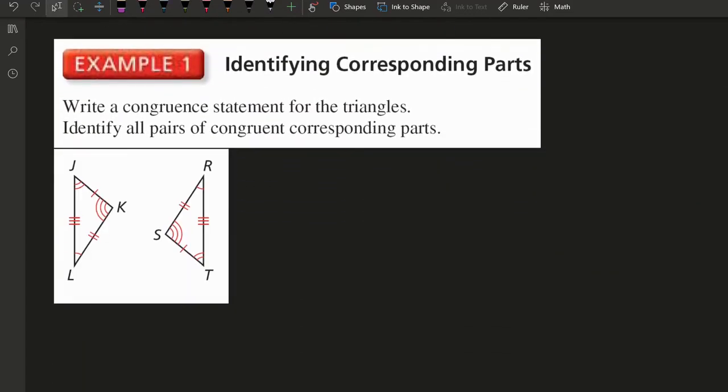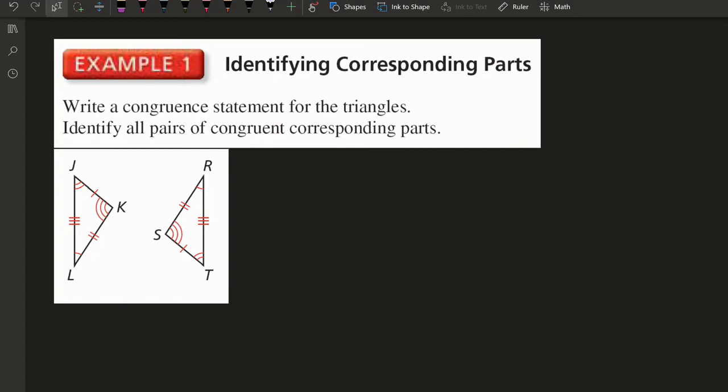So for these two triangles, we're going to identify their corresponding parts and we're going to write a congruent statement. So when we write a congruent statement, I have to say that this triangle is congruent to the other triangle. And I can see that they're congruent because all three of the corresponding angles are congruent and all three of the corresponding sides are congruent.